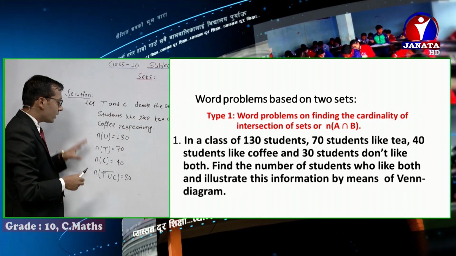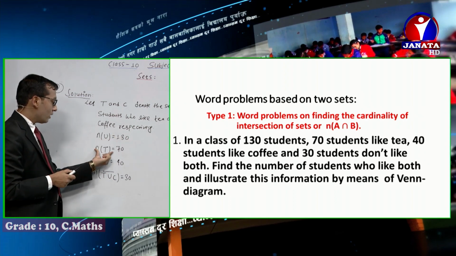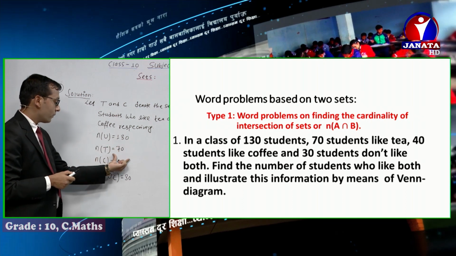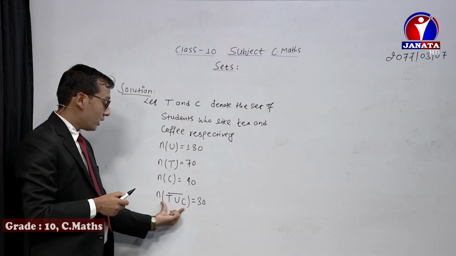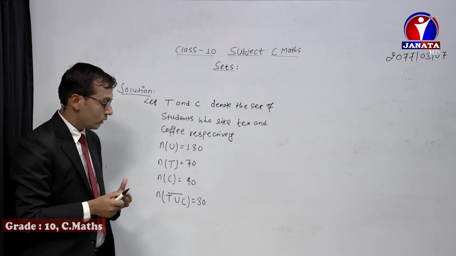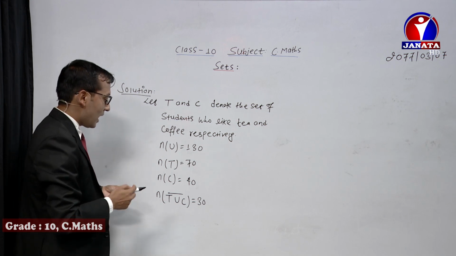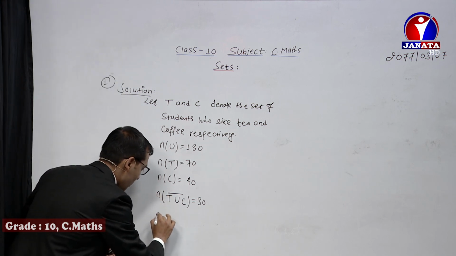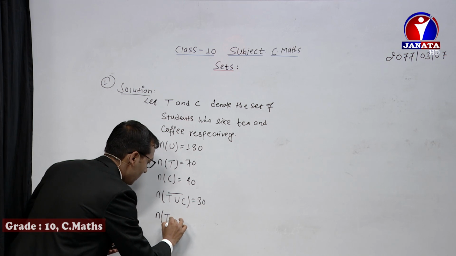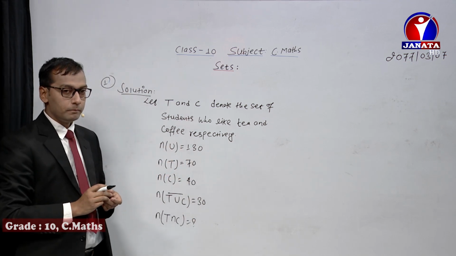After writing all this information, we have n of U is 130, n of T is 70, n of C is 40, and n of (T union C) complement is 30. What is unknown? We are asked to find the intersection of the two sets T and C. So n of T intersection C is what? This is asked in the question.